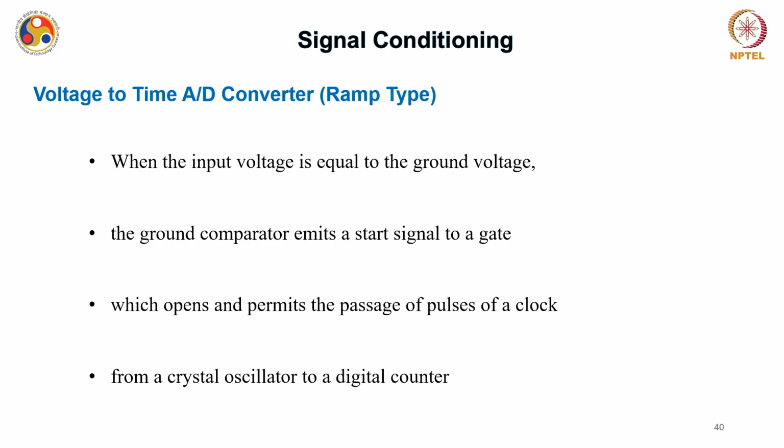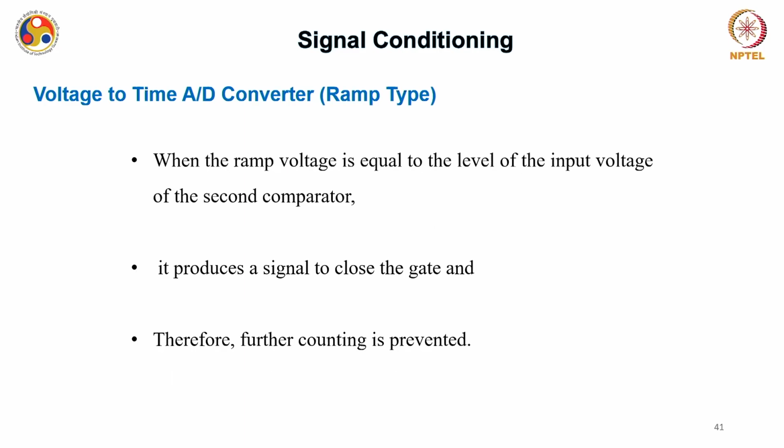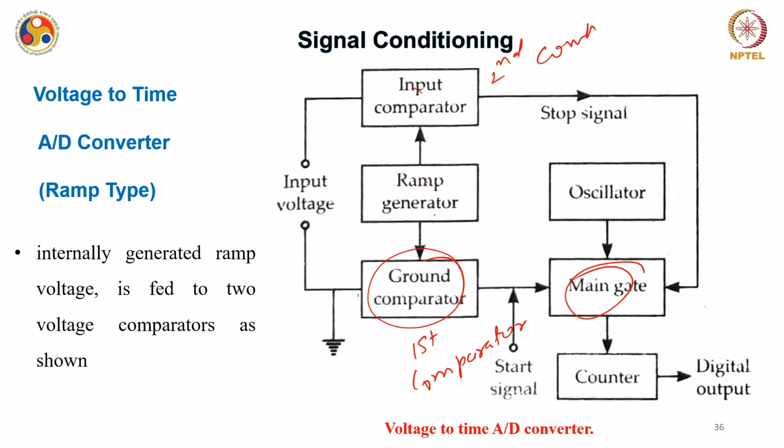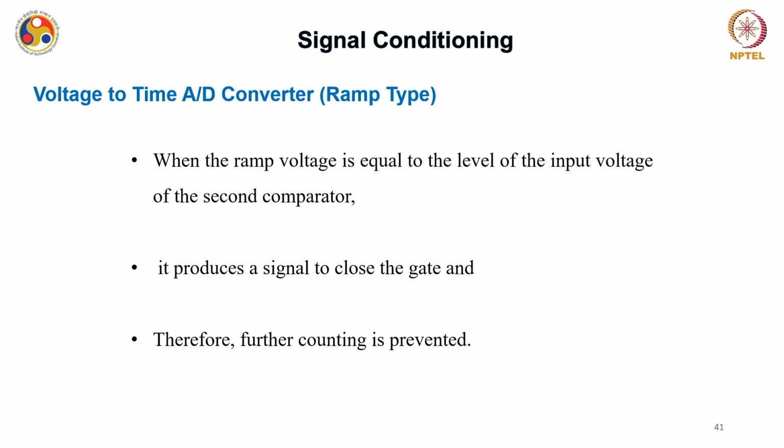I am talking about this particular gate. The gate opens and permits the passage of clock pulses from a crystal oscillator to a digital counter. Now, when the ramp voltage is equal to the level of input voltage of the second comparator, our input comparator, it produces a signal to close the gate, therefore further counting is prevented.